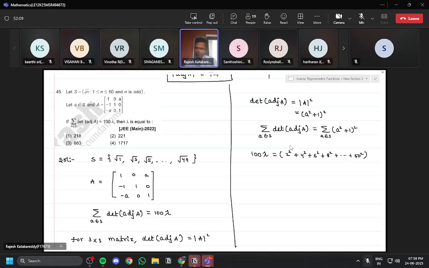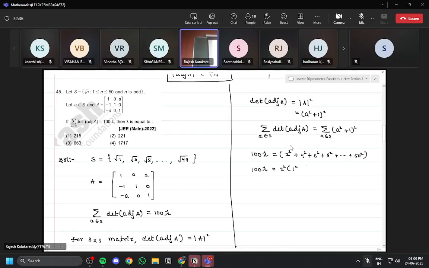Right? So next, 100 lambda is equal to 2 square, 4 square, 6 square, everything is even number squares. From everything I can take one 4 common. If I take one 2 square common, this is 2 square into 1 square.